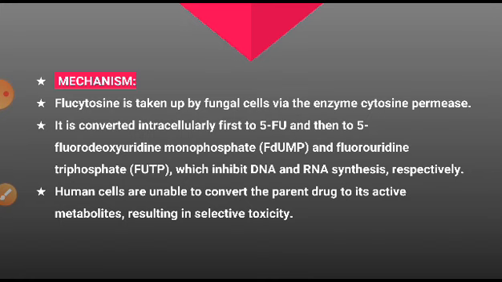To understand this mechanism, you can refer again to the anti-cancer drugs where the 5-fluorouracil mechanism has been explained. Human cells are unable to convert the parent drug to its active metabolite, resulting in selective toxicity. This is the reason it is quite safe for humans.